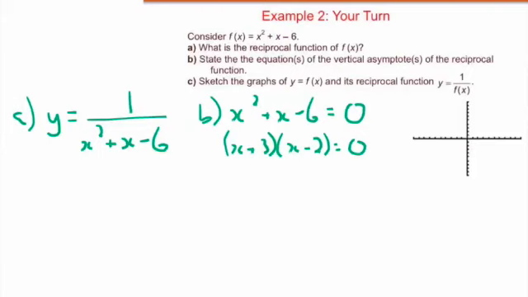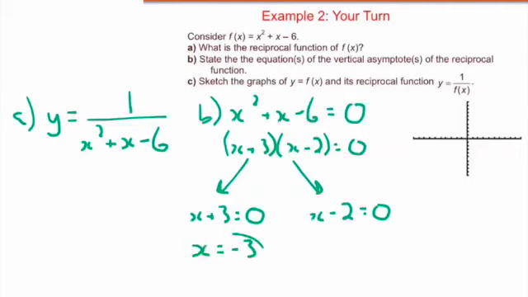So we end up with 2 brackets, just like the last example. Split. Solve each equation. So we have one asymptote at x equals -3, a second asymptote at x equals 2.